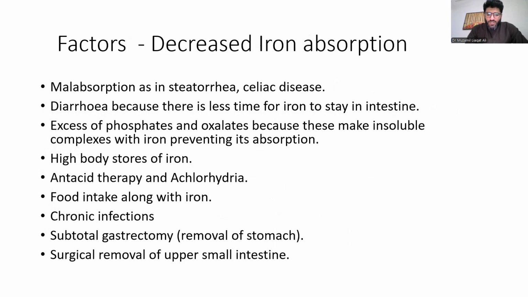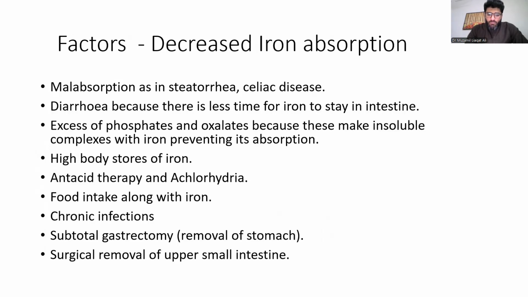Now let's discuss the factors that decrease iron absorption. The very first one is malabsorption, as in steatorrhea and celiac disease, where the absorptive surface of the intestine is compromised. Next is diarrhea, where there is less time for iron to stay in the intestine. Next is excess phosphate and oxalates, which form insoluble complexes with iron, preventing its absorption.